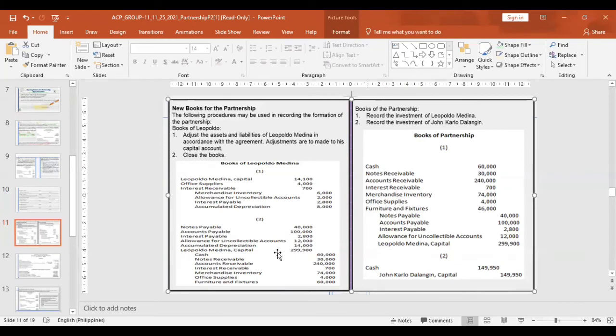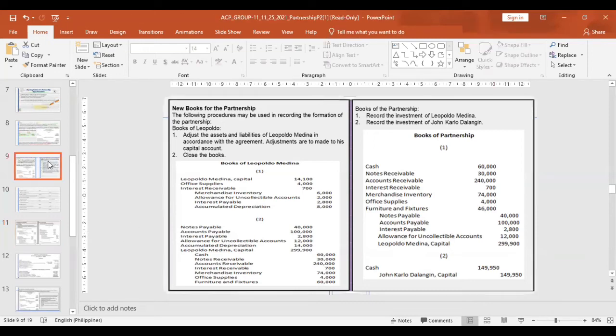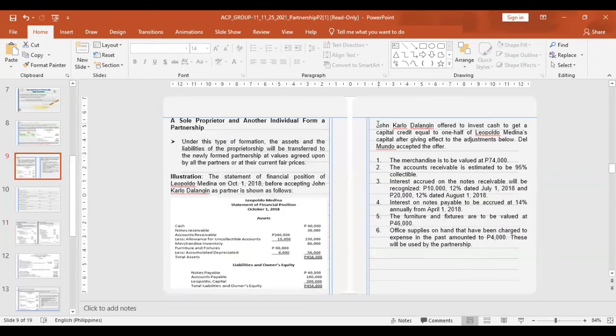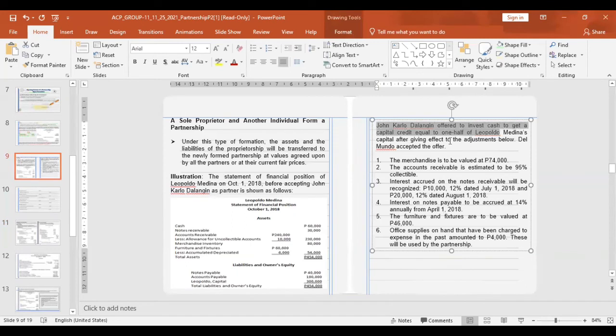Yung naka-credit, i-debit mo din. Ayan. Since sabi naman dito sa problem, Giancarlo offered to invest cash to get a credit equal to 1/2 of Leopoldo Medina's capital. Ayun, kalahati yung ibibigay niya.